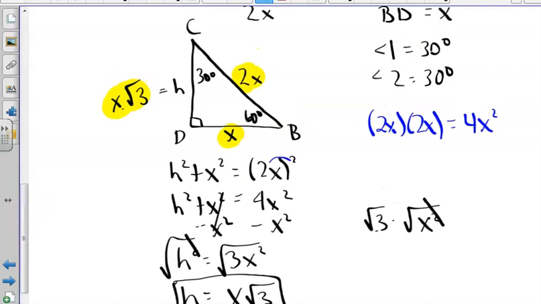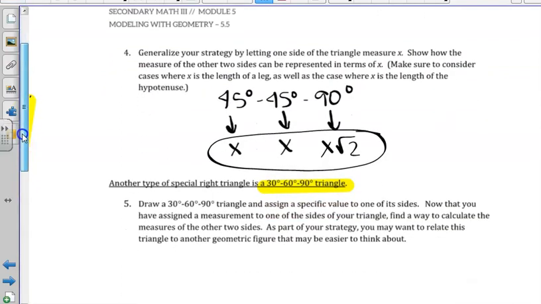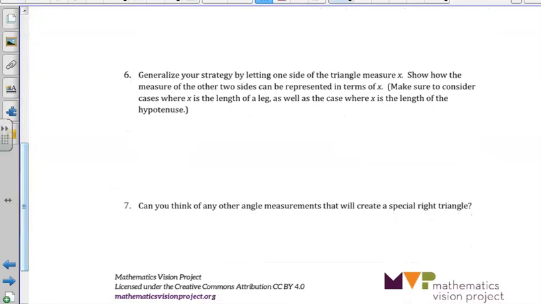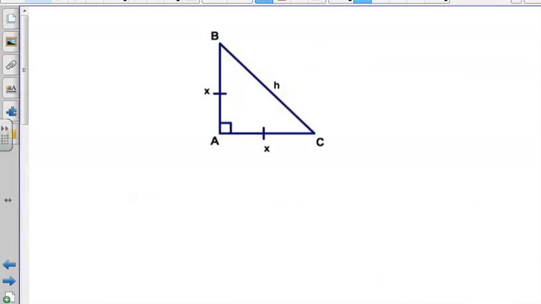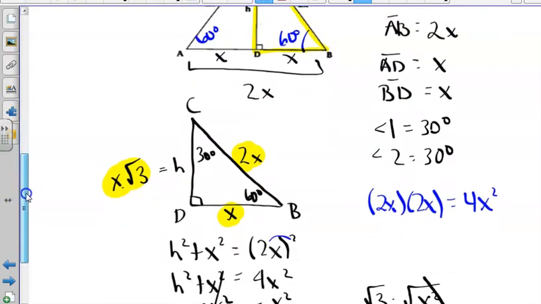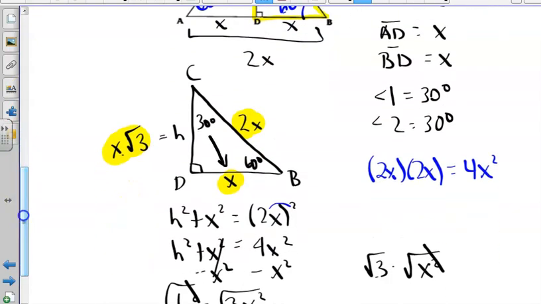So let's generalize this underneath number 6 on the previous page. In a 30 degree, 60 degree, 90 degree triangle, let's go back and look at our diagram. Opposite the 30 degrees is always x, the length of the shortest leg. Opposite the 60 degrees is always a length of x root 3.